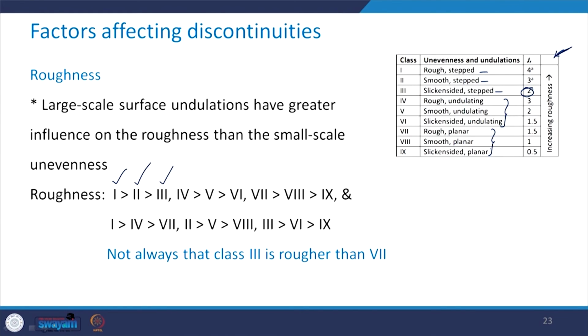Now compare on the basis of small scale unevenness: rough stepped, rough undulating and rough planar. For all these three, the small scale unevenness is the same, but the large scale roughness is different. One is stepped, another is undulating and the third is planar.